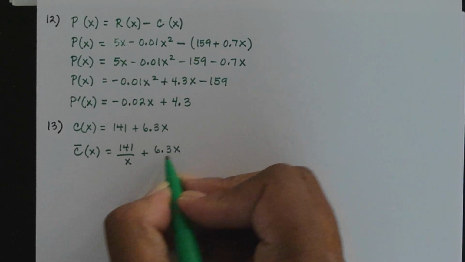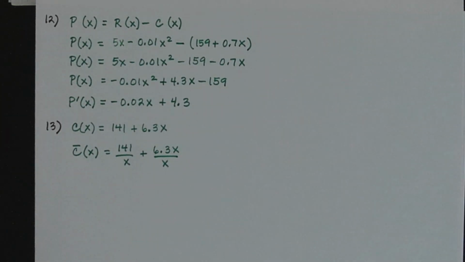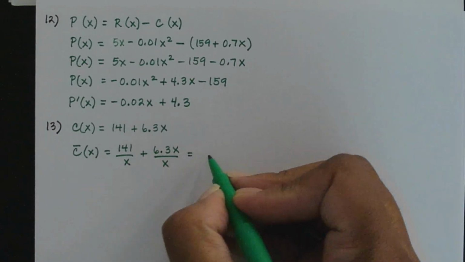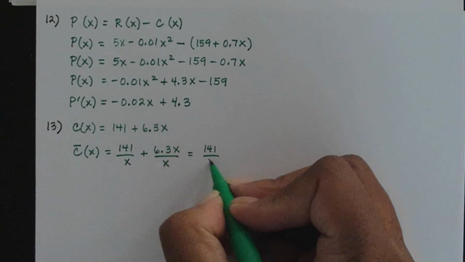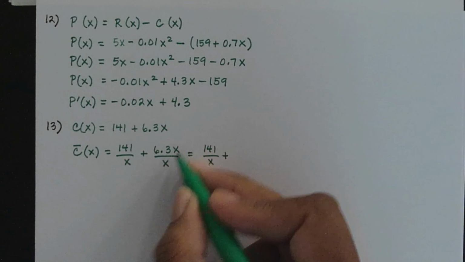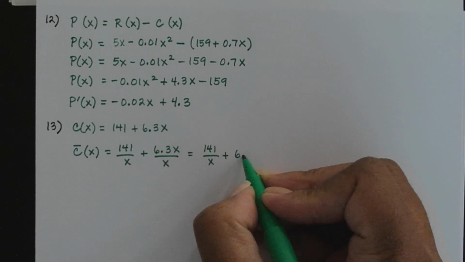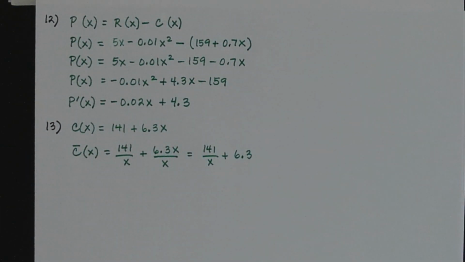So 141 would be divided by x, and 6.3x will be divided by x. So here I'll have 141 over x plus 6.3x divided by x will be 6.3. And that would be my average cost function here. 141 divided by x plus 6.3. Are there any questions about problem number 13?